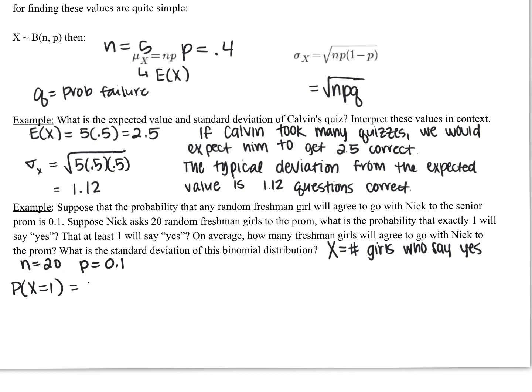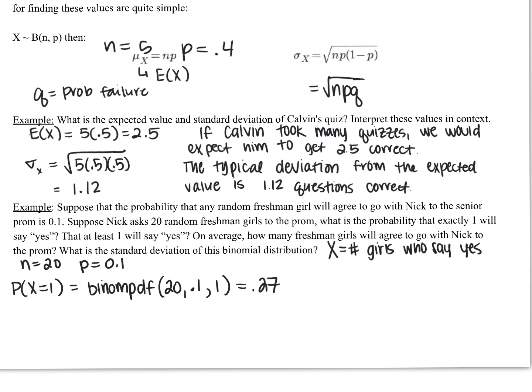I'm going to do the work for the binom PDF. So binom PDF, our trials is 20, probability of success is 0.1, and then our k is 1. Plugging that into the calculator, we hit enter, and we are going to get 0.27.